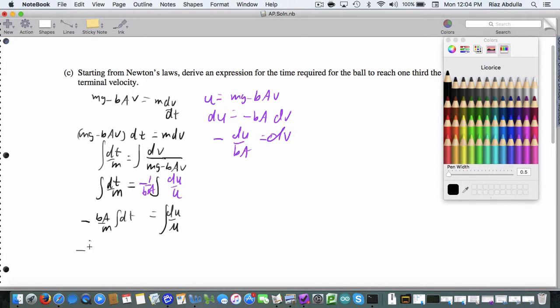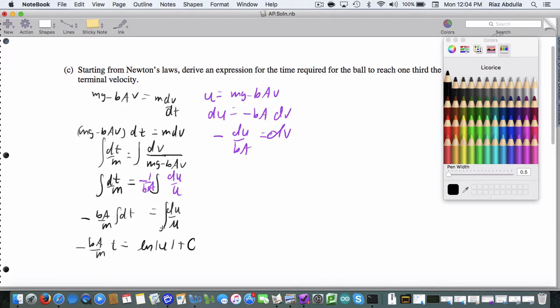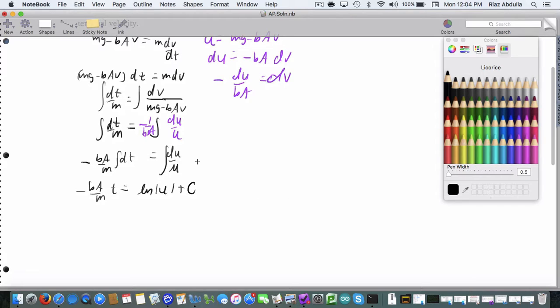And of course, when we integrate, we're going to get negative BA over m times t equals the natural log of u plus c. We need to isolate c. So at t equals 0, v equals 0, we're going to say negative BA over m times 0 equals the natural log of mg minus 0 plus c. c equals the natural log of mg.